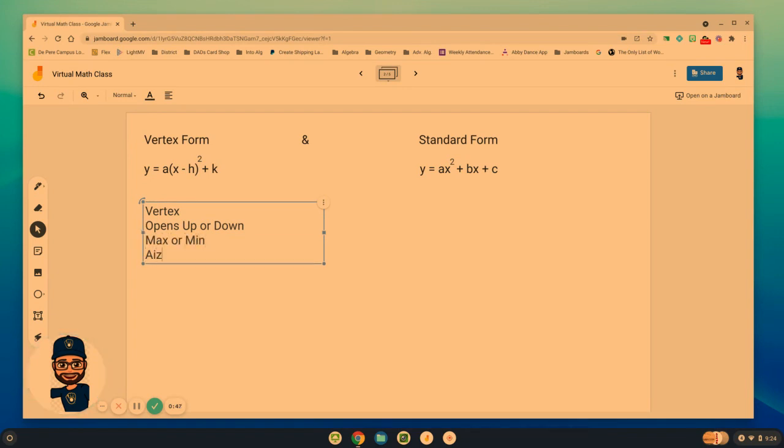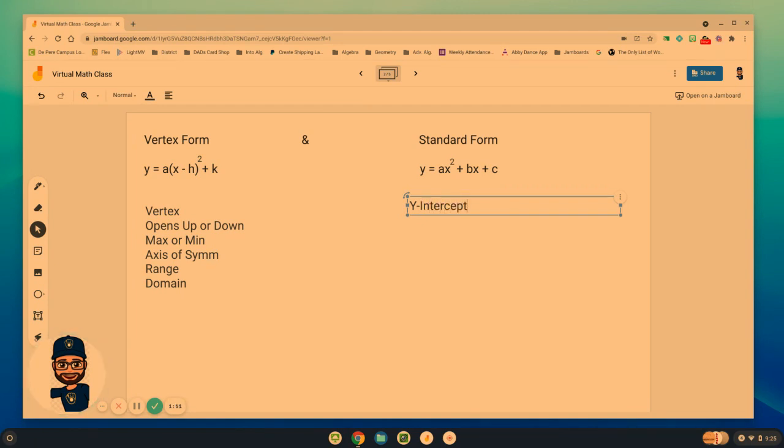We can then find the axis of symmetry. We can identify the range and the domain, right? So vertex form helps us quite a bit with relevant information that we've been using for most of the week. Also, standard form has helped us identify the y-intercept.